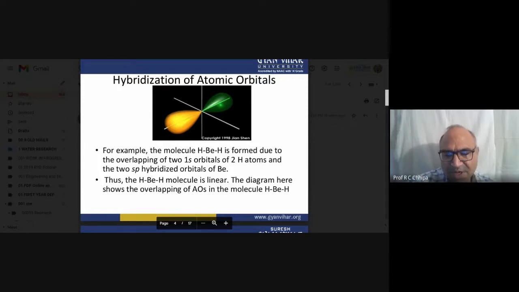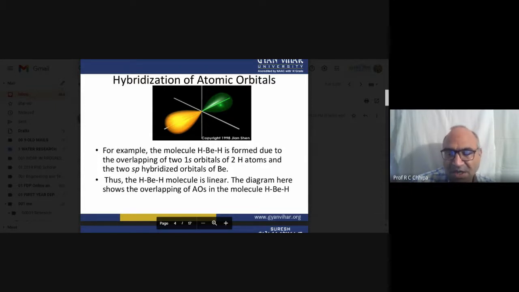So both combine, mixing with each other, and they form new, highly energetic orbitals. The name is changed for those atomic orbitals: the s atomic orbital and px atomic orbital are changed, and the new name is the sp hybrid orbital.